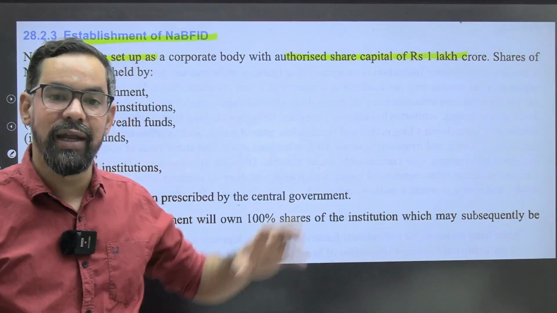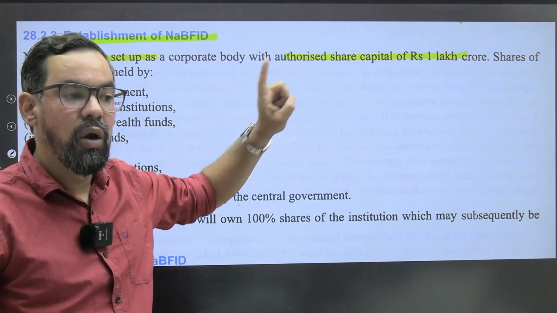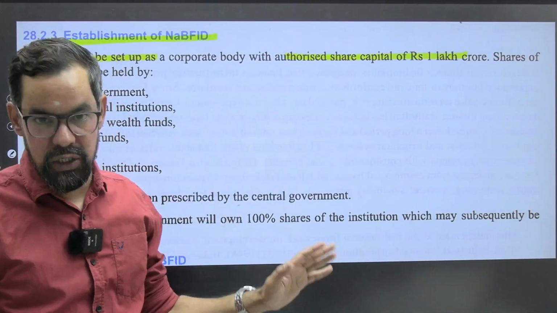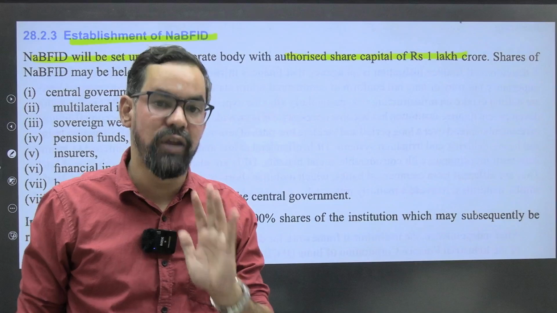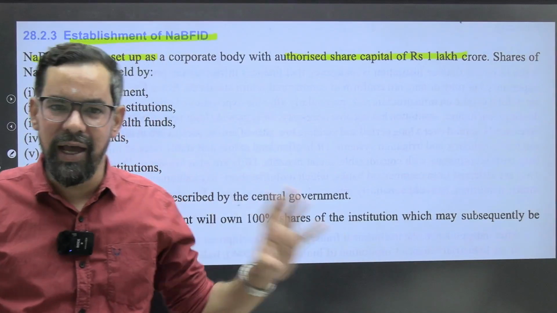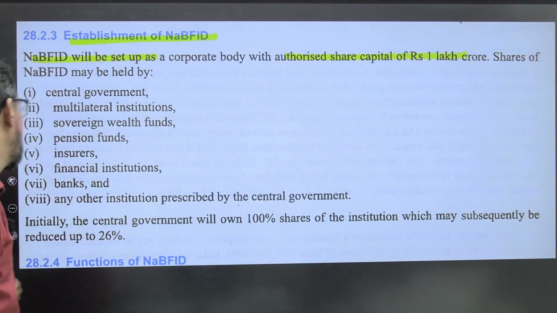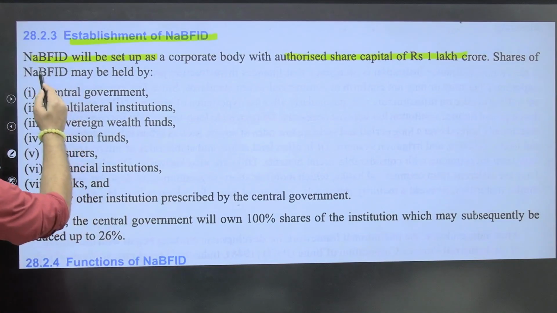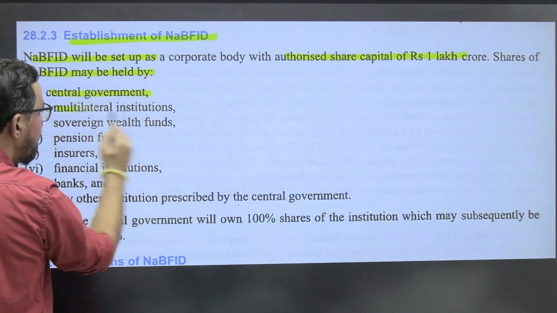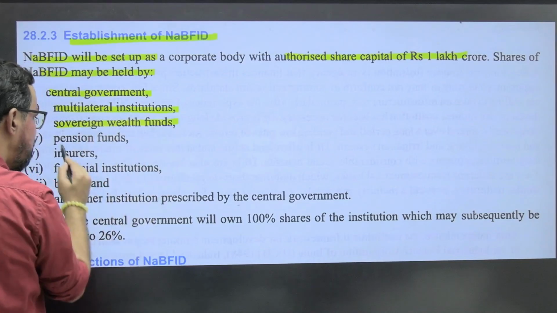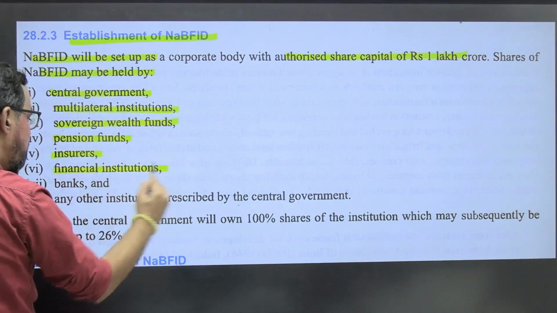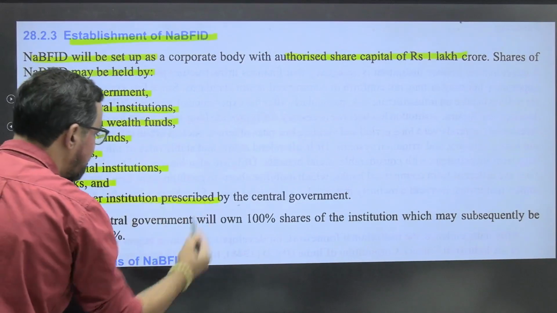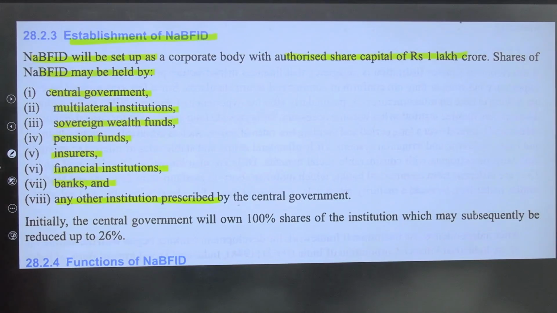The Government of India can reduce their stake in NaBFID on a gradual basis up to 26%, as per the formation of NaBFID itself, which we have studied in detail with DFIs. The shares of NaBFID may be held by the central government, multilateral institutions, sovereign wealth funds, pension funds, insurers, financial institutions, banks, or any other institution prescribed by the central government.